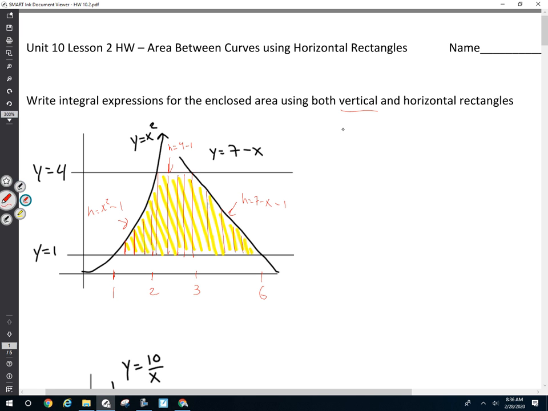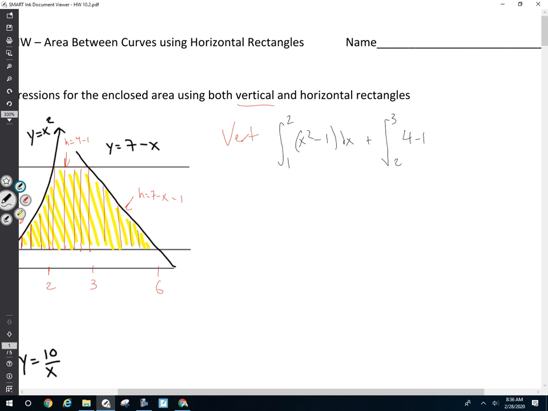So with the vertical, I need an integral from 1 to 2 of x squared minus 1 for my heights. Then from 2 to 3, I have heights of just 3. So this is just a rectangle's worth of area that I could find. I don't need an integral.